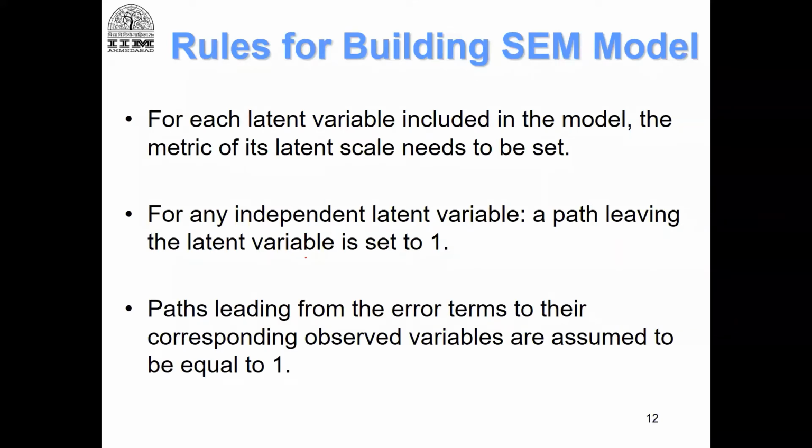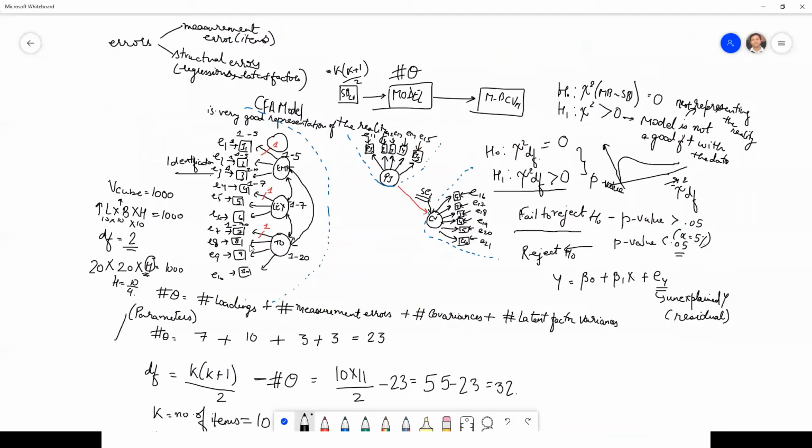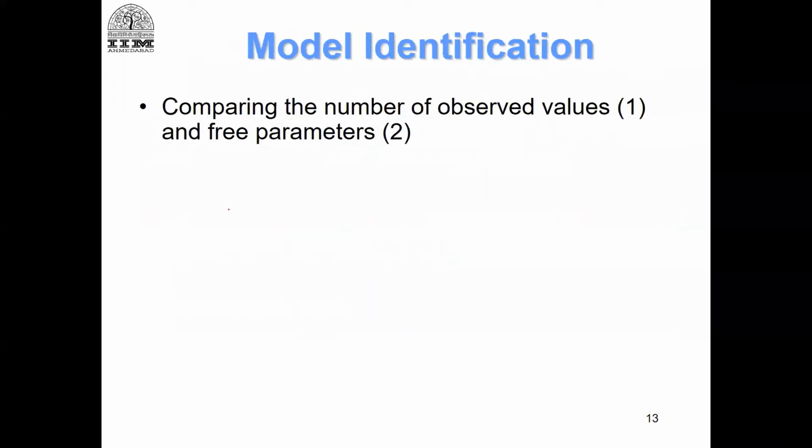You will have to follow this. Paths leading from error terms to corresponding observed variables are assumed to be equal to 1. This is what I just mentioned, that these paths are all tied to 1.